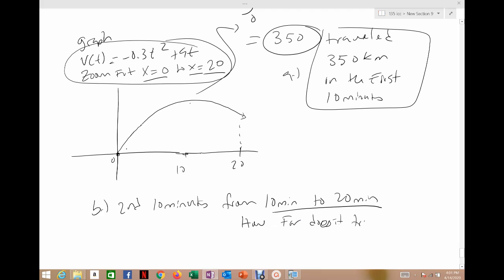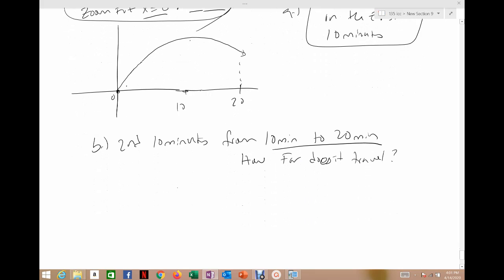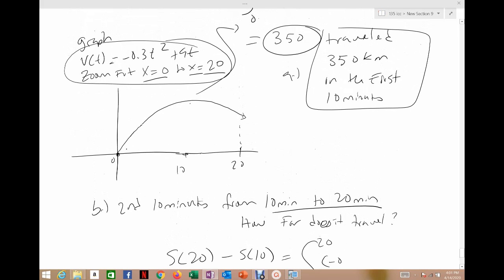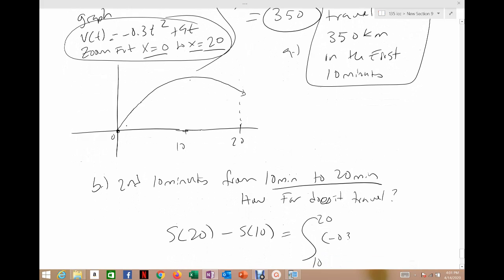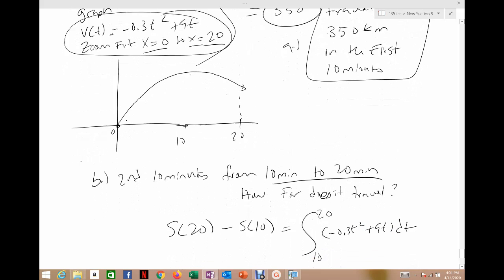I'm going to find the net change in position from 10 minutes to 20 minutes, so I integrate from 10 to 20 my velocity equation, negative 0.3 t squared plus 9t, which I already have graphed.